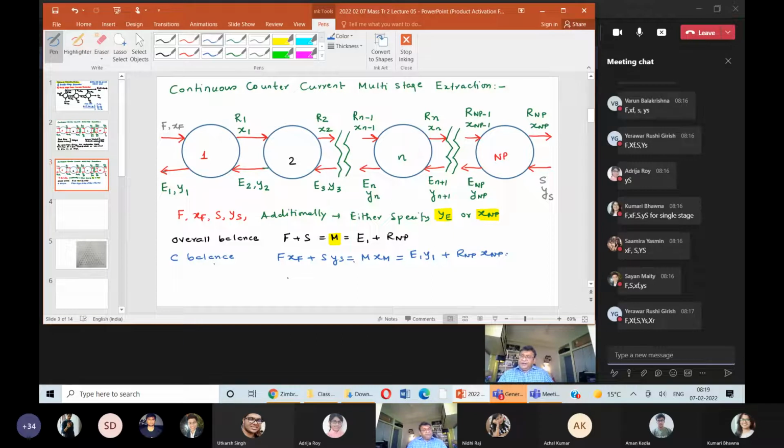Now we write this equation in a slightly different form. We are writing this as RNP minus S is equal to F minus E1. We can write this in the form of a difference. This is an approach. What it means mathematically, we will try to see. So this overall balance, we are writing as RNP minus S is equal to F minus E1. This is okay with everyone?